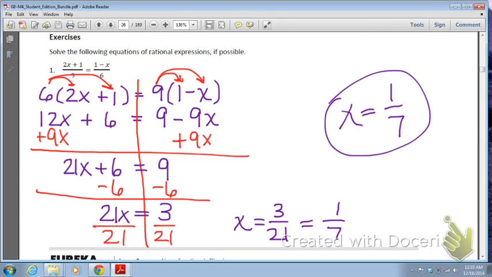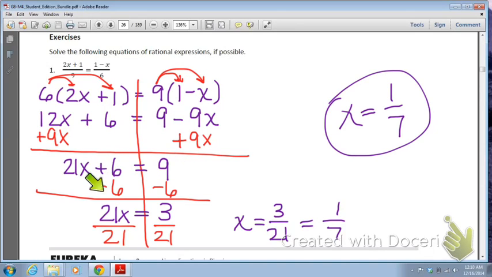Okay, here's the worked out solution for exercise 1. I'll just quickly run through it. We set the cross products equal, so 6 times 2x plus 1 and 9 times 1 minus x. Distributed that out to get the next step here. And then I chose to add 9x to both sides to get 21x plus 6 equals 9.